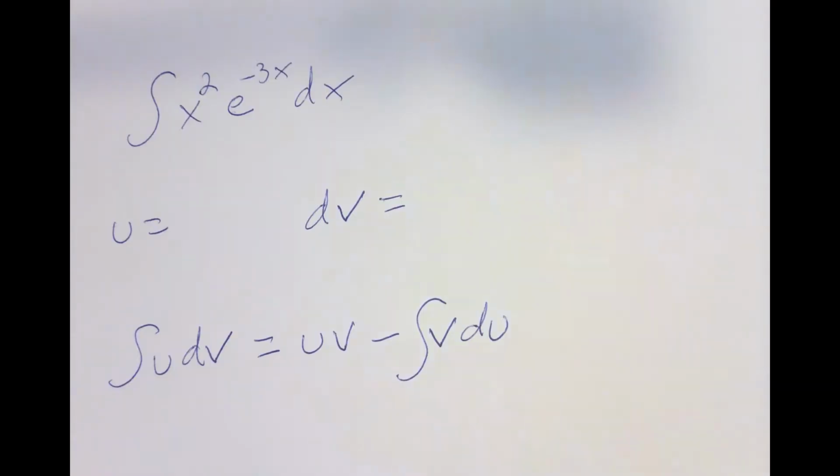I believe in giving general guidelines versus a checklist acronym. U is typically something that, if you differentiate it, becomes a simpler function. Of course, on other occasions the value for u stays the same, neither simpler nor more complex. But in general, it's something that becomes simpler when differentiated.